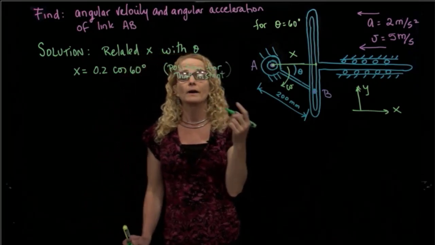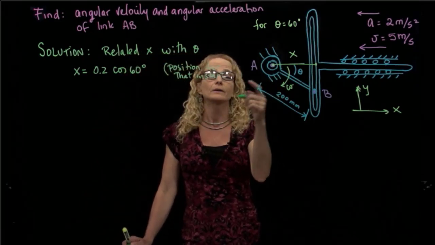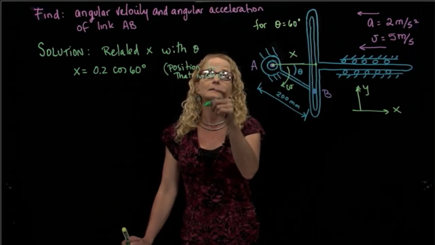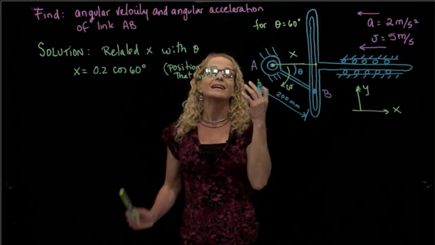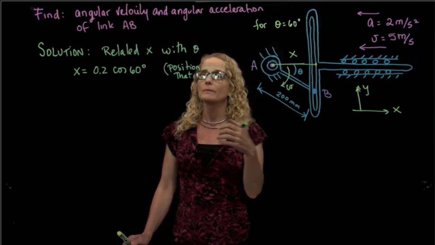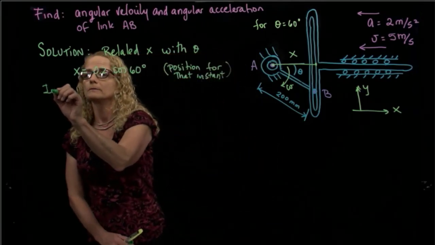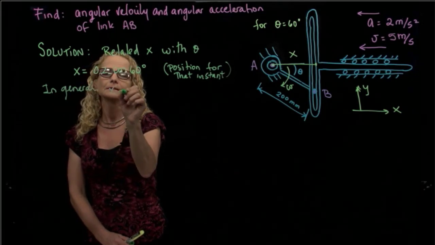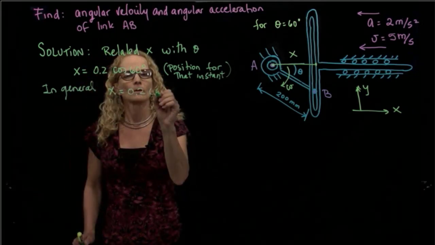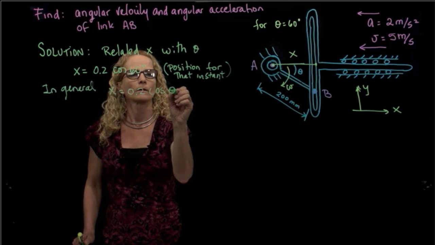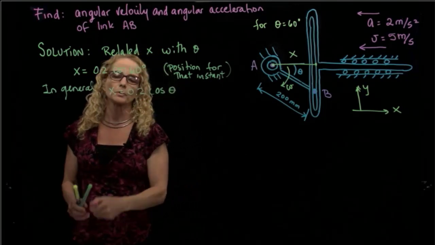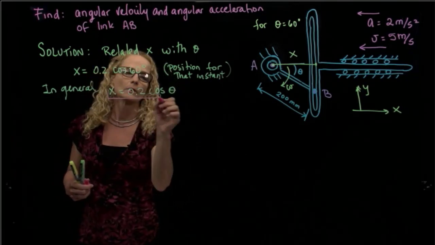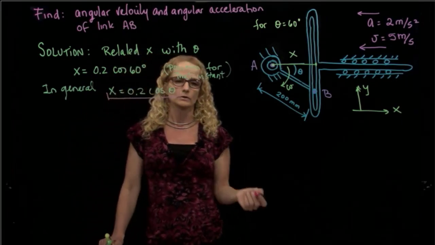But if I want to find the angular velocity, I cannot use the position for that instant. I have to use a generic position to be able to derive. So in general, x is equal to 0.2 cosine of theta.